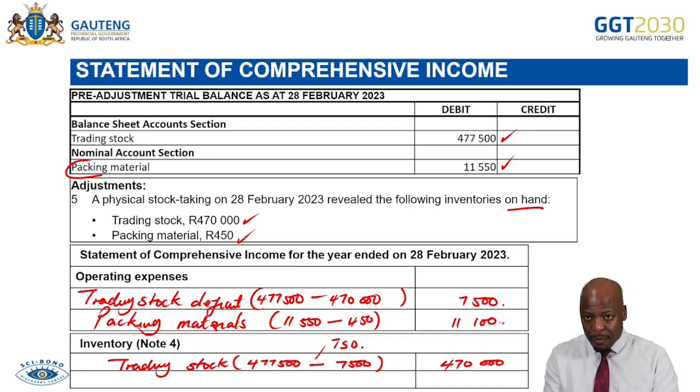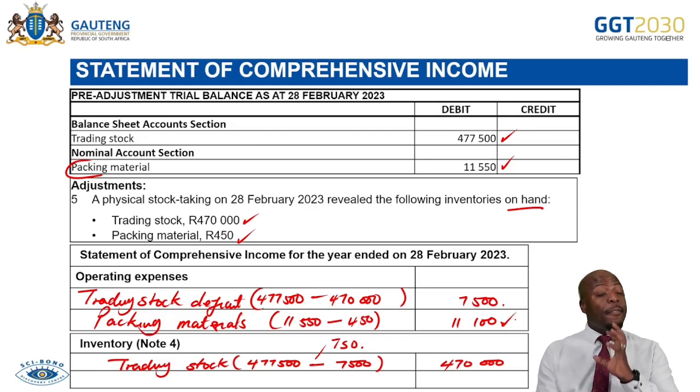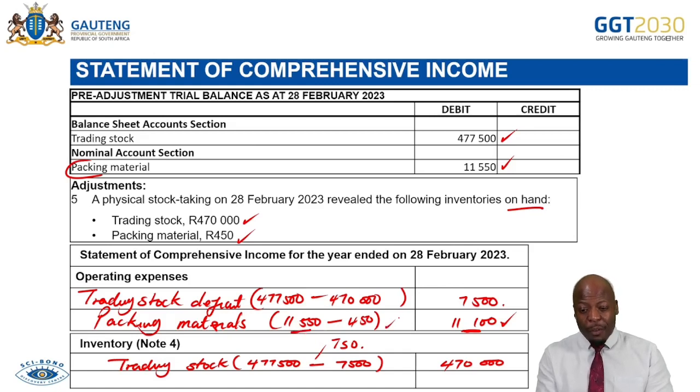So 11,550 minus 450 gives you 11,100. But if the adjustment says packing materials used, then they give you the 11,100, and you simply record the used amount here. In the last column, we want the amount of packing materials that was used. So we purchased for 11,550, and we still have 450 on hand.